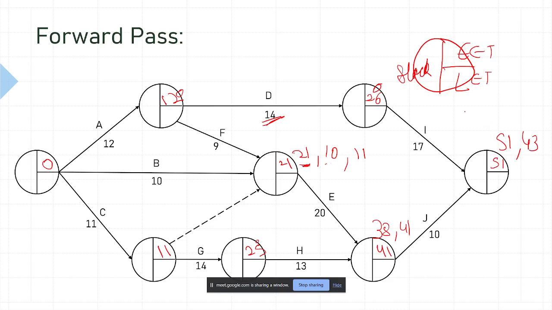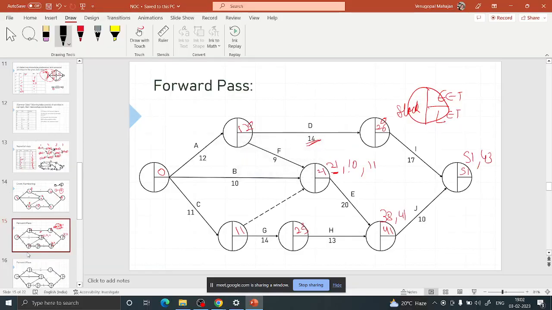Yes, sir. Now, backward pass. Let me save this slide again so that we can have a new slide for this.